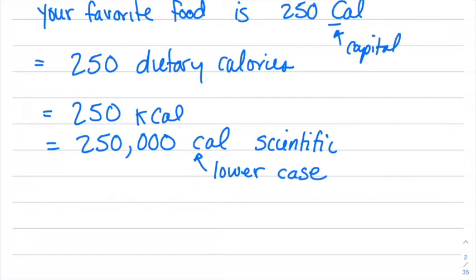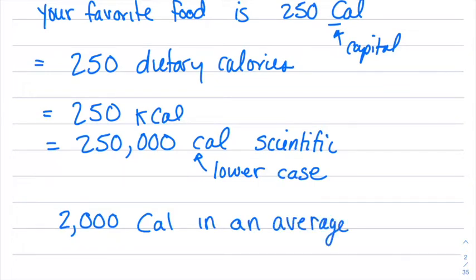But that's okay. And the reason it's okay is you've probably read on packages that there are 2,000 calories in an average diet. I should say 2,000 calories per day. And I know none of us are average. We are all extraordinary.